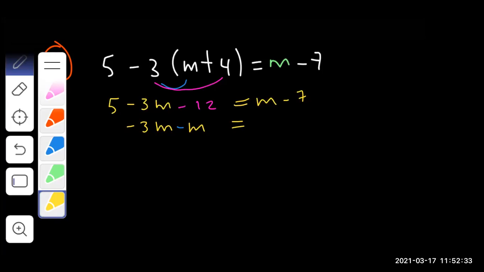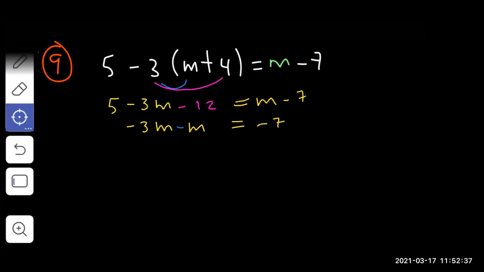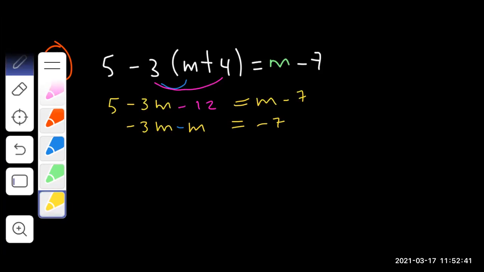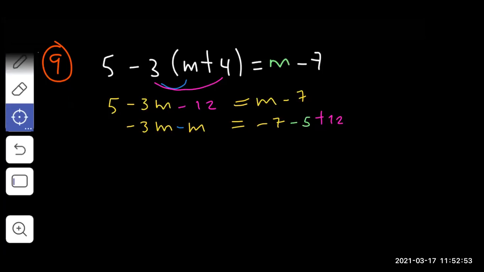Equals the negative 7, guys, is on this side, I just get it down. Do I have another constant term? Yeah, 5, and 5 is positive, so on the other side it's going to be negative 5. Do I have another constant term? Yes, negative 12, negative positive, so it's going to be positive 12 on the other side. Okay, this is your goal: variable terms on one side, and constant terms on the other.